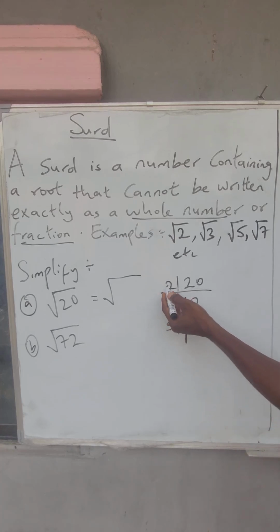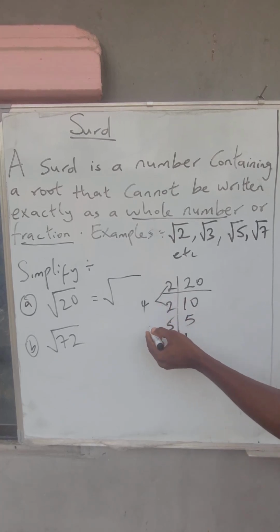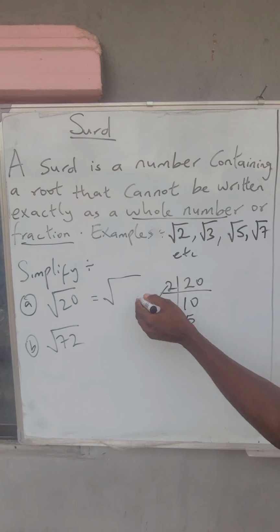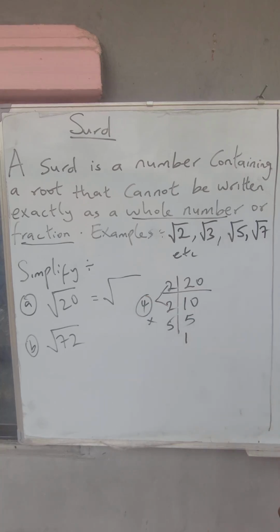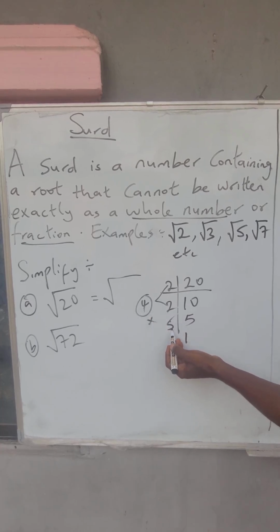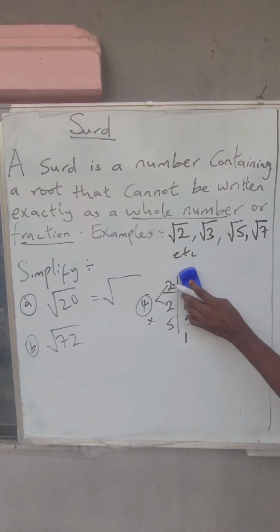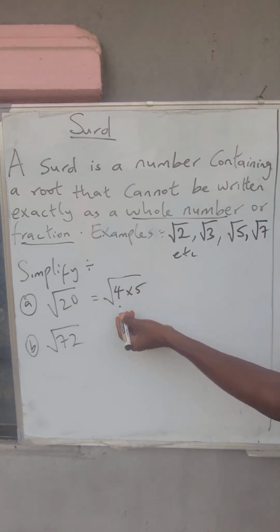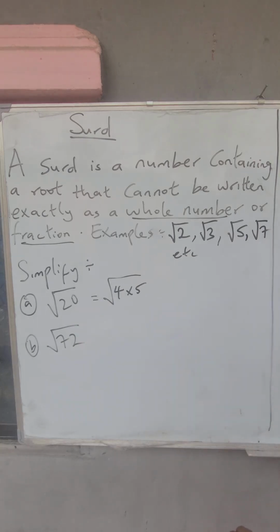All right, in this case, look at this. This is 4. 4 times 5 gives you 20. And 4 is a perfect square, because when you take the square root of 4, you have 2. So it can be expressed as a surd. So what you need to do is just to write 4 times 5, which is 20.